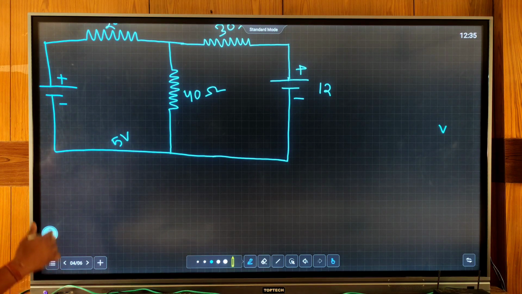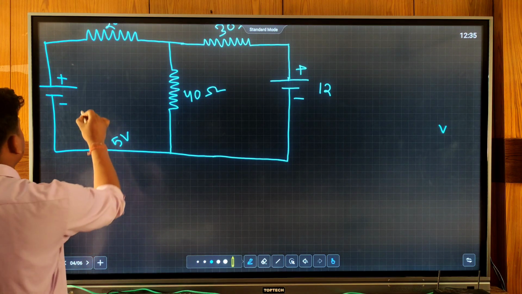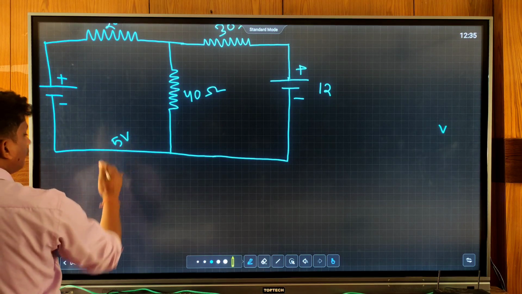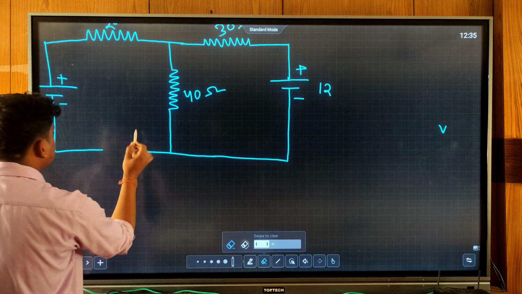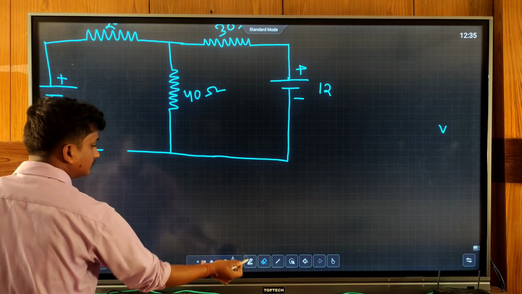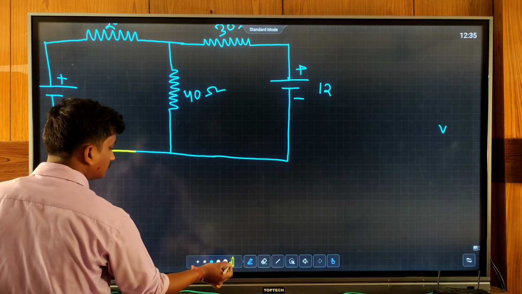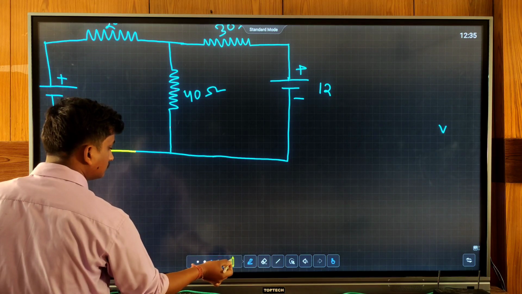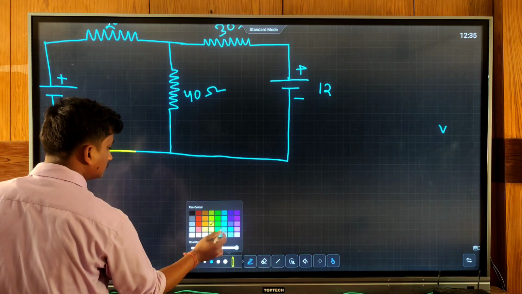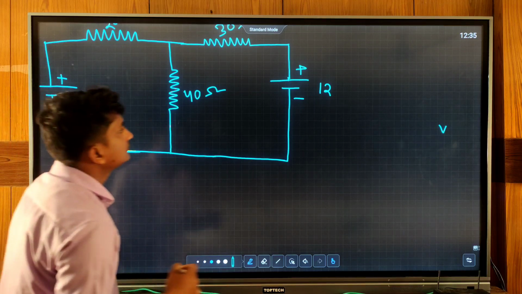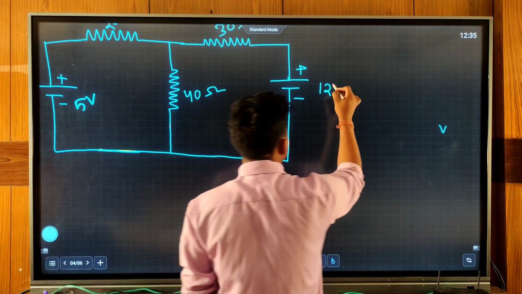So first, this is our network. First we have to consider this voltage source, which has a value of 5 volt. And here is a voltage source which is 12 volt.